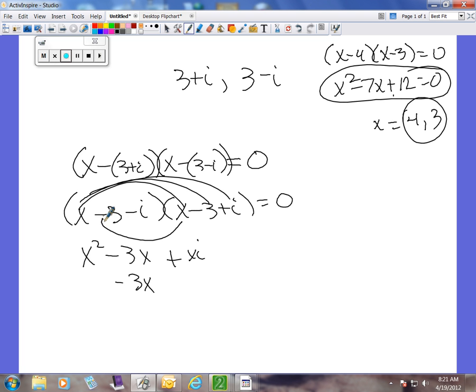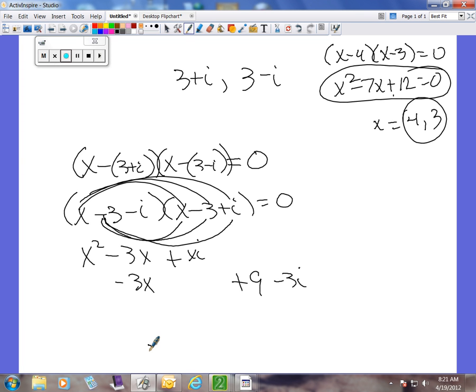Then we have negative 3 times negative 3 is positive 9. We don't have any constant terms in the other tier. Then you've got negative 3 times i, which is negative 3i. I don't see any of those either. So I'm going to put that out there.